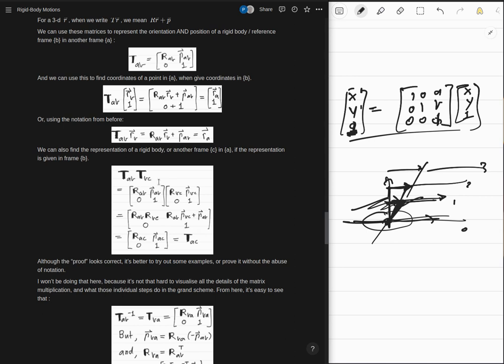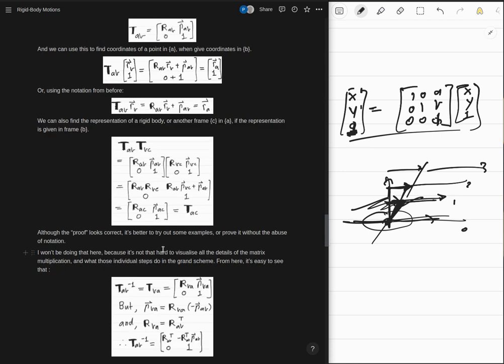What that means is that the representation of the frame C in B, multiplied with the representation of frame B in A, is actually the representation of C in A. So if C was a rigid body, then this is the same thing as saying how do you view C in A: you take the representation of C in B and you apply this transformation matrix on it, and that gives you the representation of C in A. And to get this transformation matrix, just represent the frame B in A. That makes sense, right? Awesome. Okay.